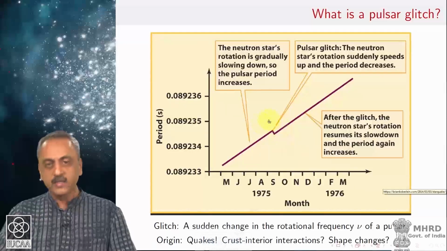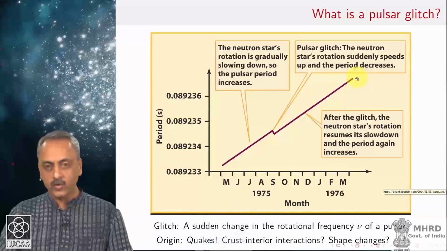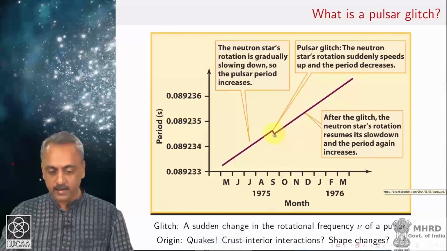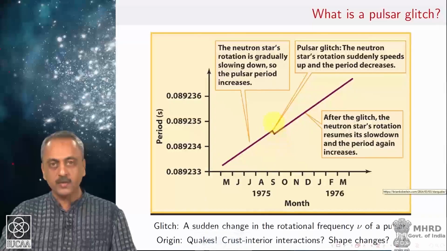Whenever there is a glitch, it suddenly speeds up, that is why the period decreases, and then again the slowing down starts at a different location on this vertical axis. So, this event is called a pulsar glitch.